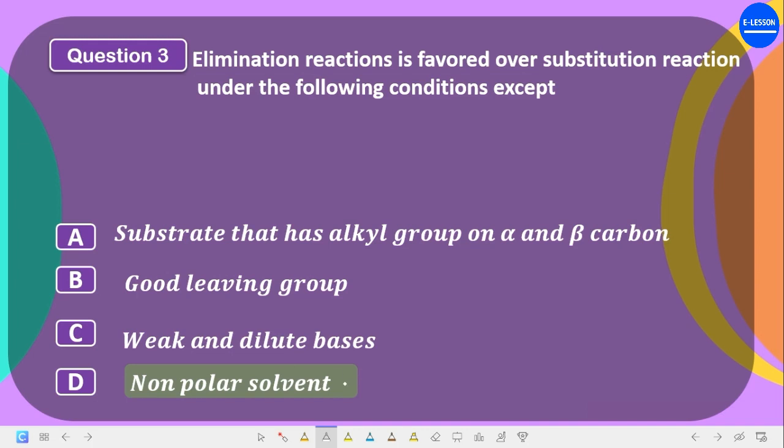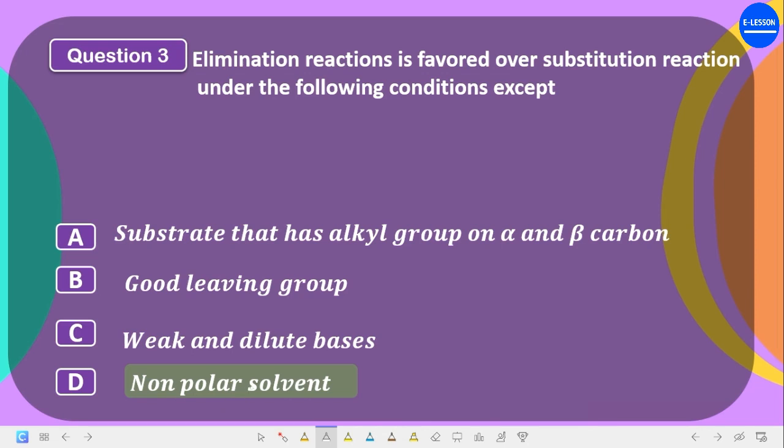Weak and dilute bases usually favor elimination reaction. Strong bases favor elimination reaction as compared to substitution reaction. Also, non-polar solvents favor substitution reaction rather than elimination. So let's go with option D as the correct answer here.